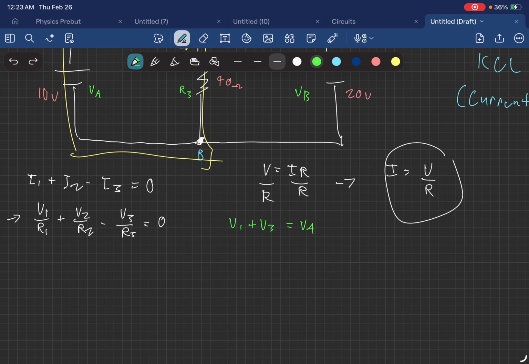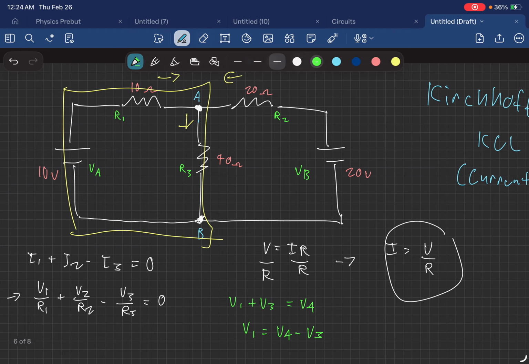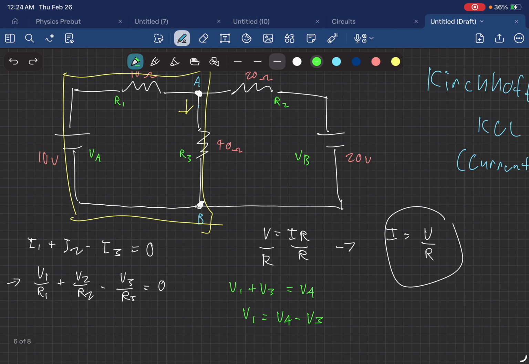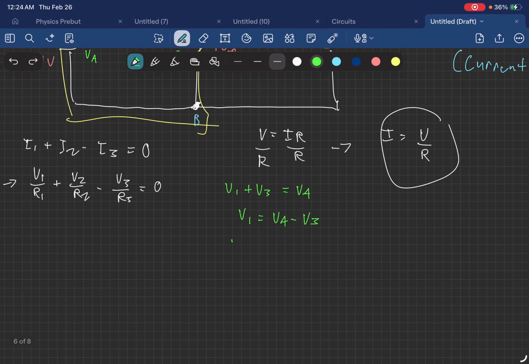Sorry. That's gonna look like V1 is equal to VA minus V3. And then now we look at the other side. Remember, it looks like the exact same, right? Except with the exception that we're using V2 and VB. That will look like V2 plus V3 is equal to VB.